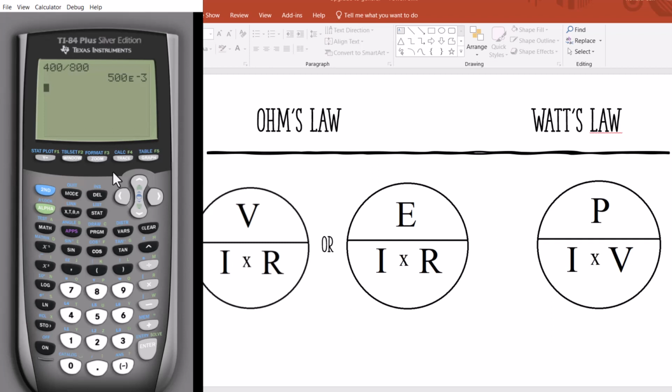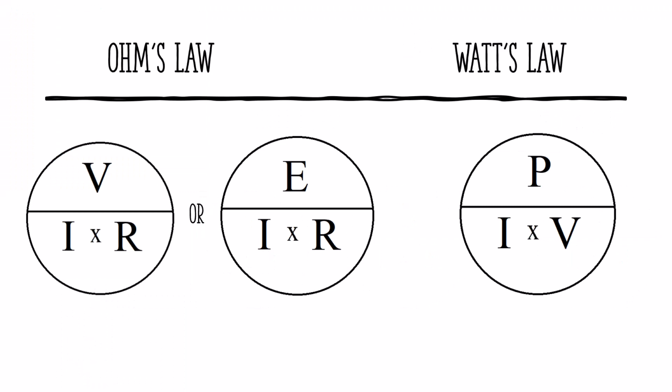It gives me 500 milliamps of current, or 0.5 amps. To find the power, if I know the current, I just multiply it by the voltage. So I would take 0.5 amps or 500 milliamps and multiply that by 400 volts and get 200 watts.